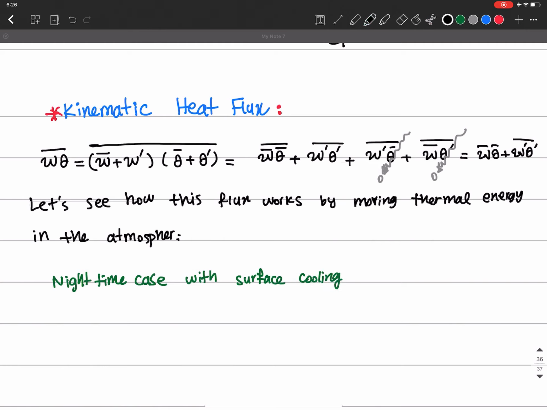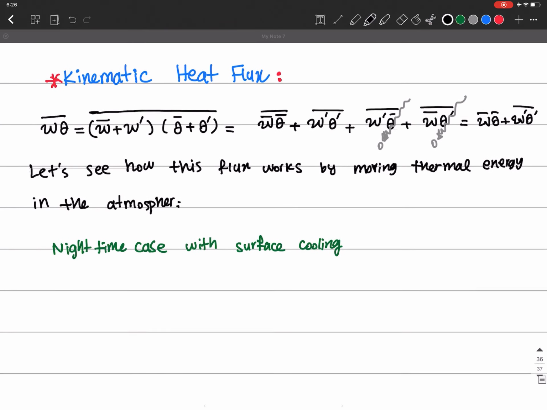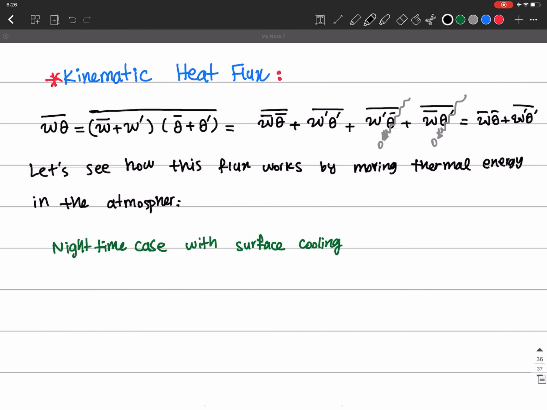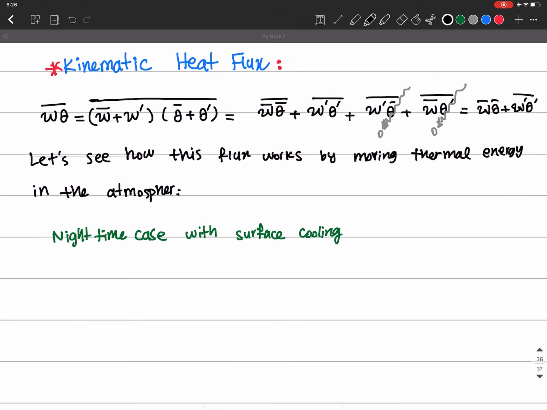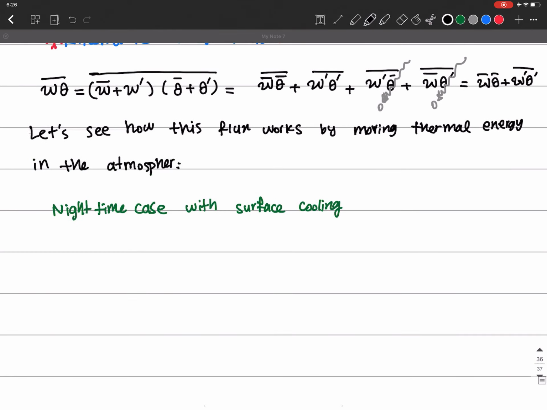And what does this mean? This means that the surface is actually colder than the air above that, right? In terms of potential temperature.